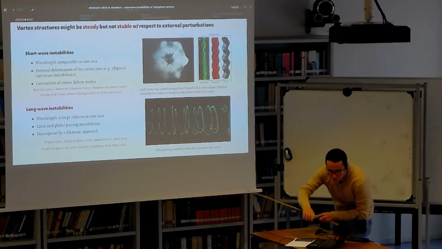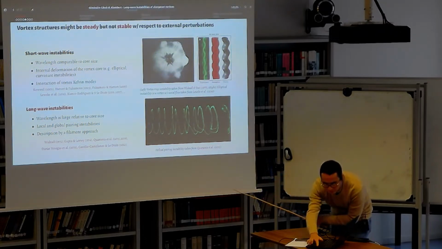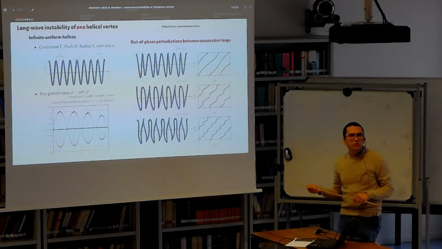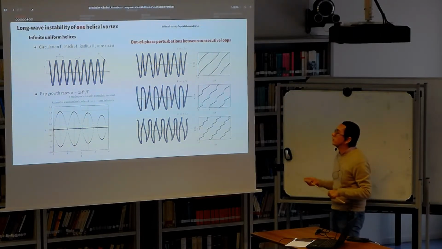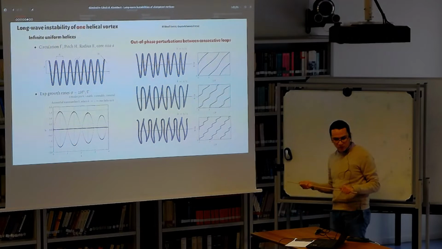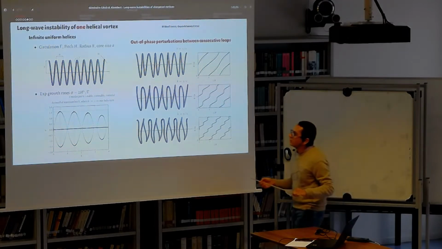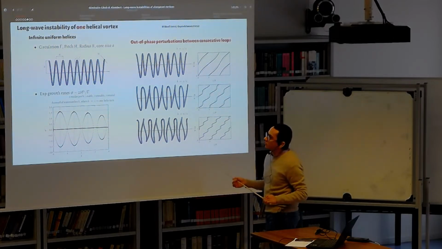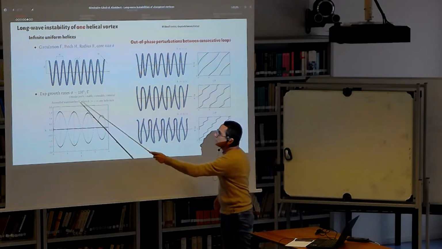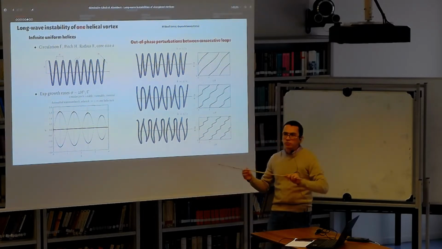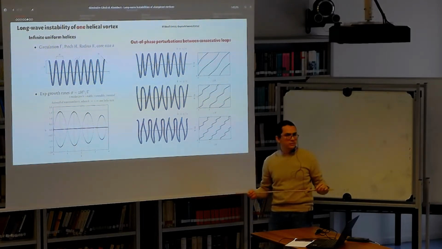Okay, so maybe we can start with this. We know that helical vortices are unstable with respect to long wave perturbations. So for this geometry, it is going to be convenient to express everything in terms of this azimuthal wave number k, where k equals 1 corresponds to 1 turn of the helix, right?